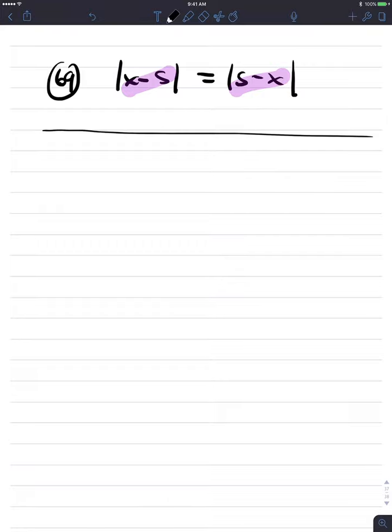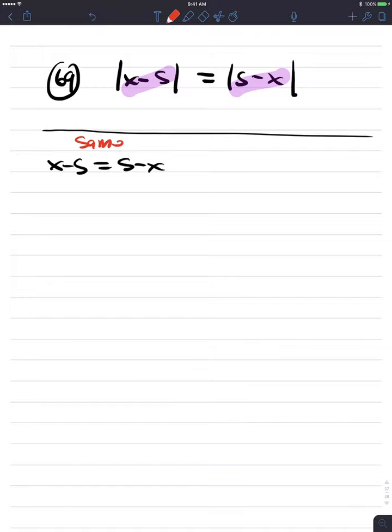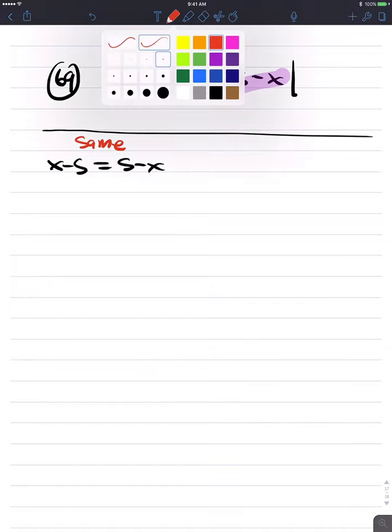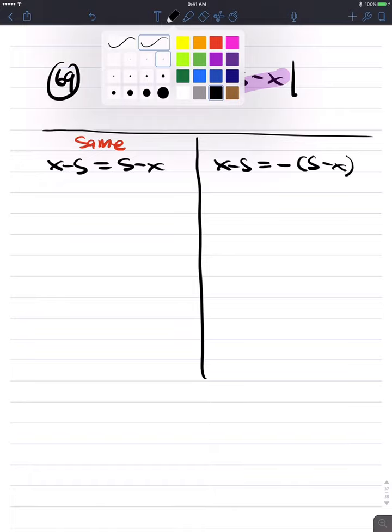Either they are the same, I mean x minus 5 is the same as 5 minus x. Or they are opposites. X minus 5 is opposite 5 minus x.